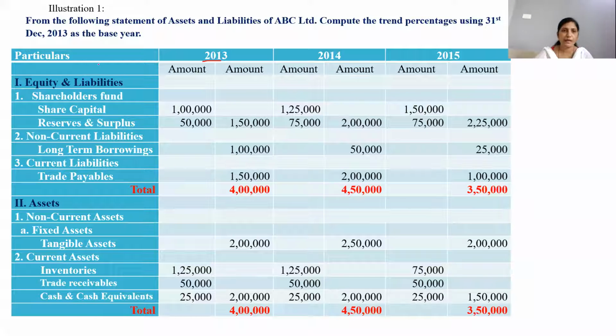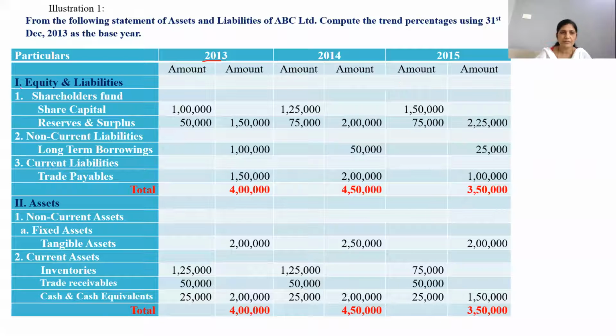You have 4 main columns: Particulars, 2013, 2014, 2015. In this we first have equity and liabilities. I have divided this into 2 amount columns, inner amount and outer amount.